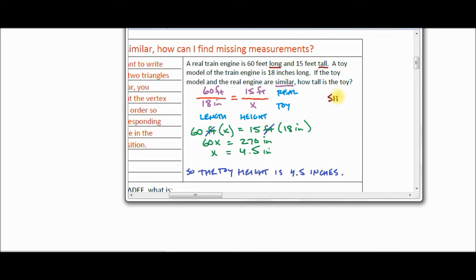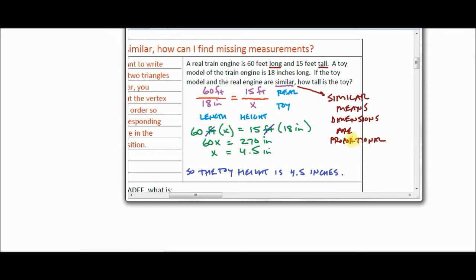As soon as you see that word similar right there, similar means dimensions are proportional, and that's why we can use a proportion to solve for this.